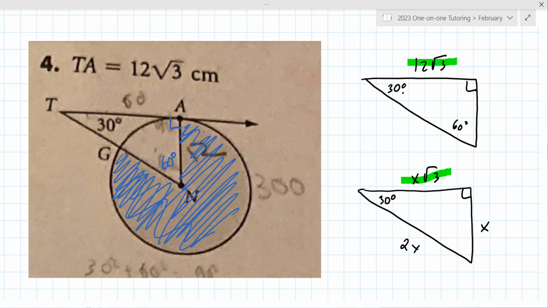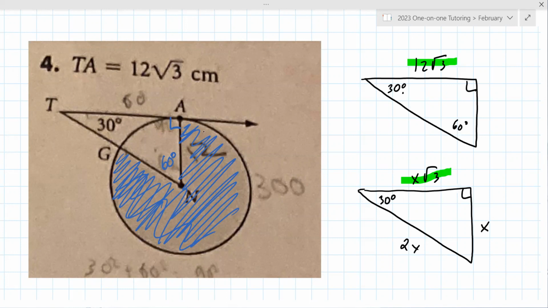And below is like the blank formula, the reference triangle. It'd be like x, x square root 3, 2x.